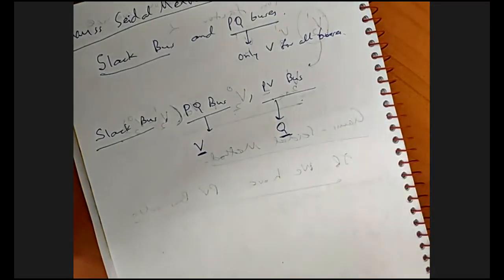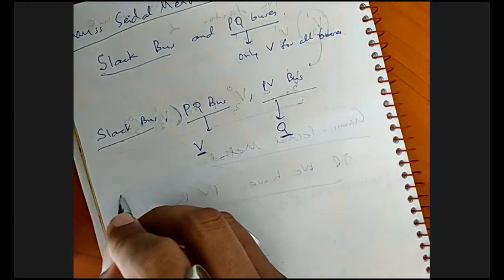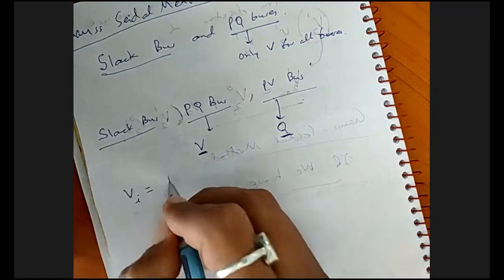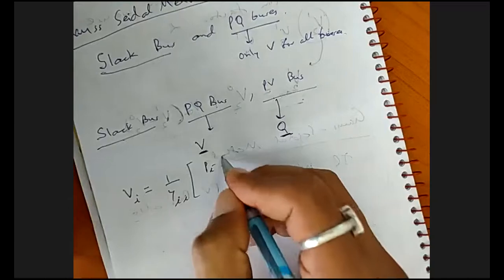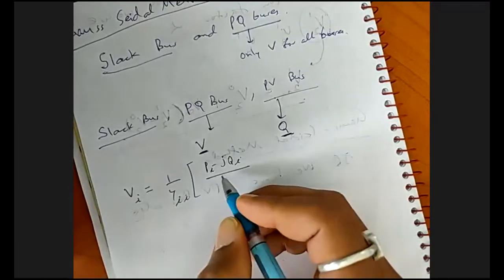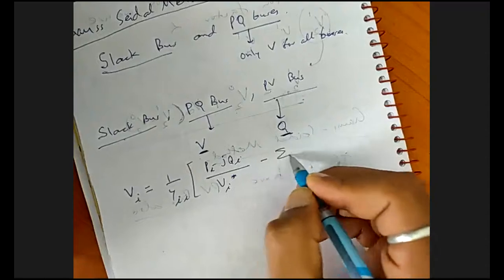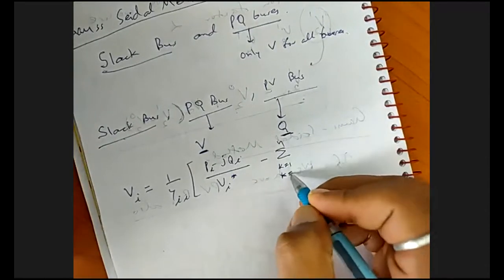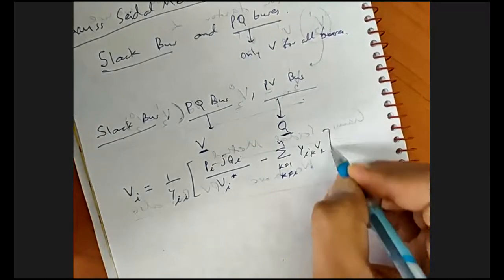Now, for simplicity and to reduce the number of calculations, consider this formula: Vi equal to 1 upon Yii, times Pi minus jQi divided by Vi star, minus summation k equal to 1 to n, k not equal to i, Yik Vk.